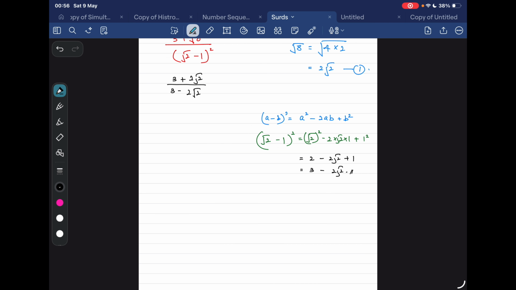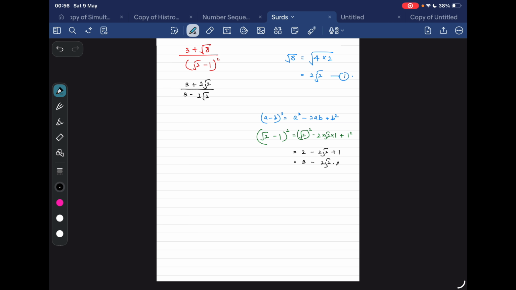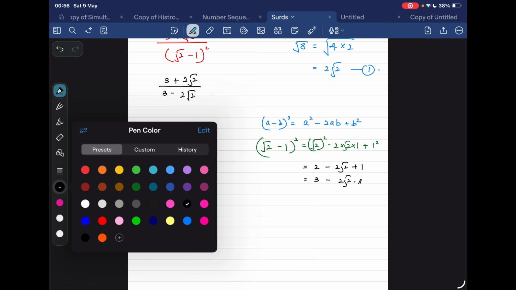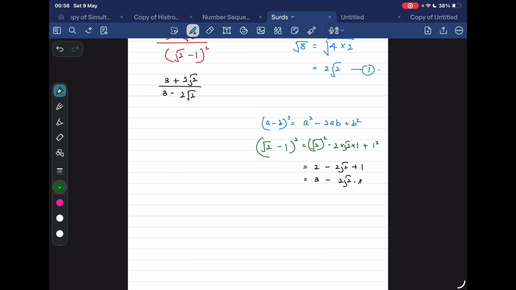We expanded and simplified the numerator and denominator. Then we can apply the general approach we used in the previous question also. We have a surd in the denominator.